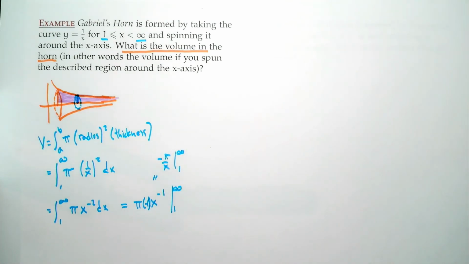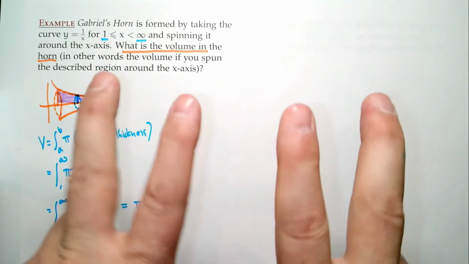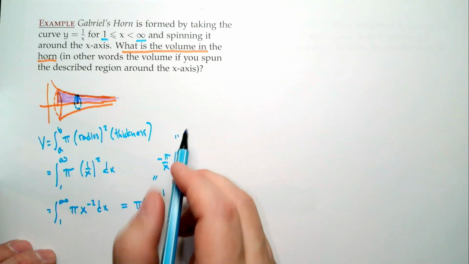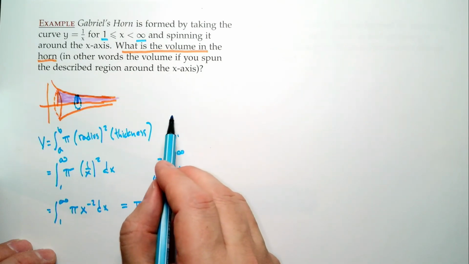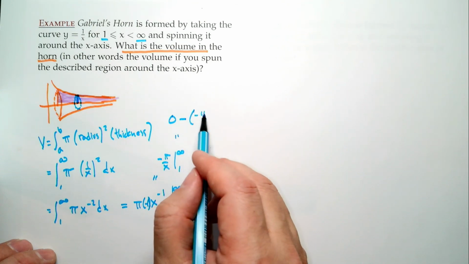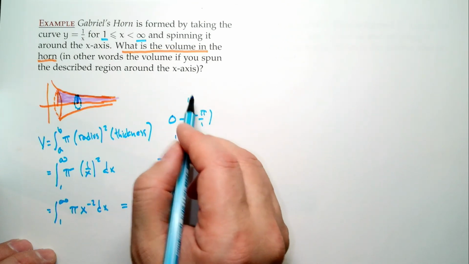Now, we're going to plug in 1. Of course, when I say plug in, I'm putting those quote marks there, because we can't plug in infinity. But we can say, what happens as we go to infinity? That's what we mean when we say plug in infinity. What happens to 1 over x as we go to infinity? Goes to 0. So when we plug in infinity, we get 0 minus, plug in 1, well, that's easy, minus pi over 1, giving us pi.